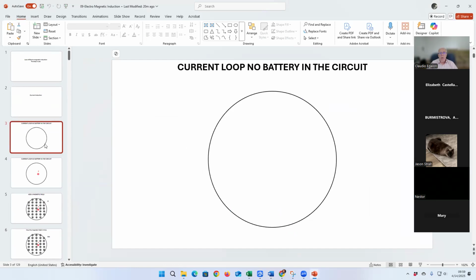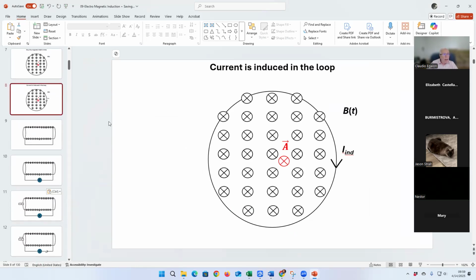Here you go. We have a current loop, no battery in the circuit, and somehow I make a current flow through the circuit. That's what electromagnetic induction would be.